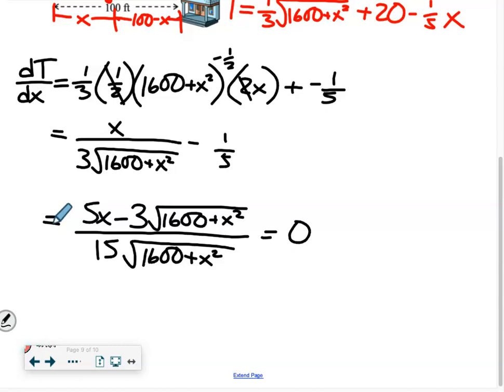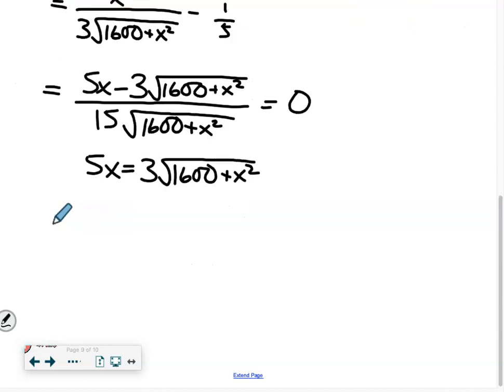Whenever you have an equation with an x inside of a root, and you need to solve it, always get the root by itself and then just square both sides. So we have 5x equals 3 root (1600 plus x squared), and now you just square both sides. You get 25x squared equals 9 times (1600 plus x squared).